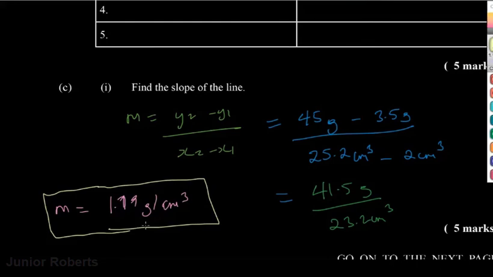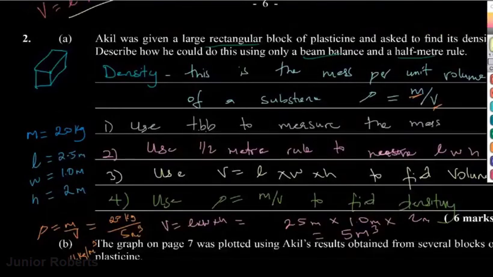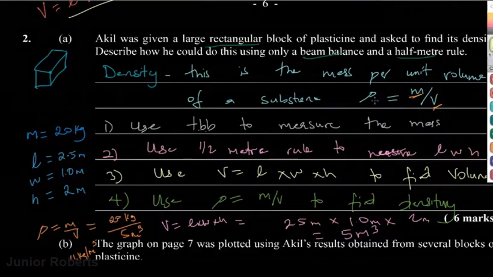So let's look at something up here. I wrote that the density is the mass per unit volume of a substance, and we can calculate it using the formula where density is equal to mass divided by volume.